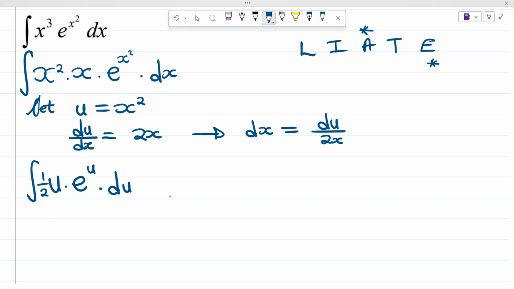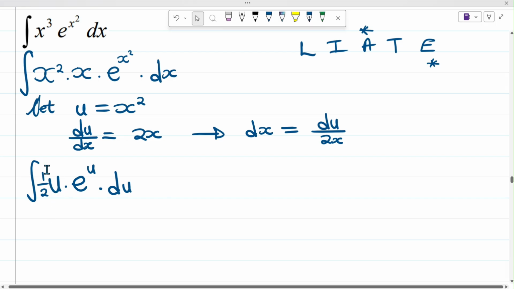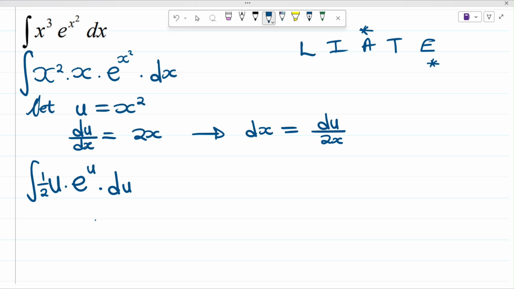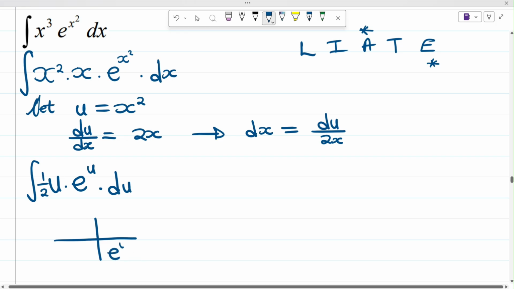Now that we have this, we can see that we've got an exponential function and a nice algebraic function. For this case, we're again going to use LIATE, and now it's applicable nicely. Our e to the power u is the function that comes last, so it's going to be written there.